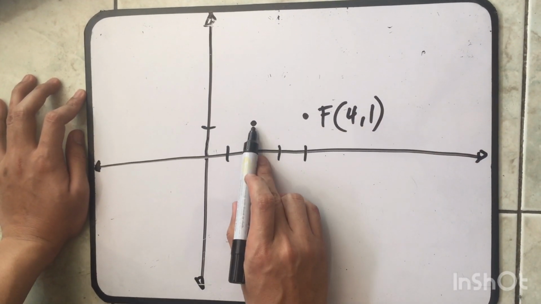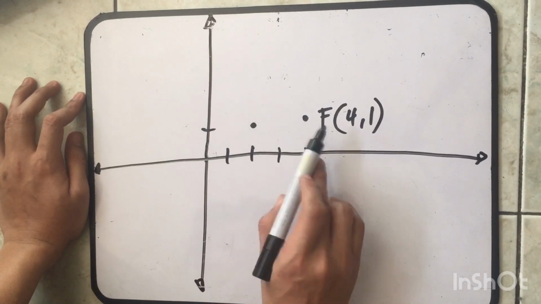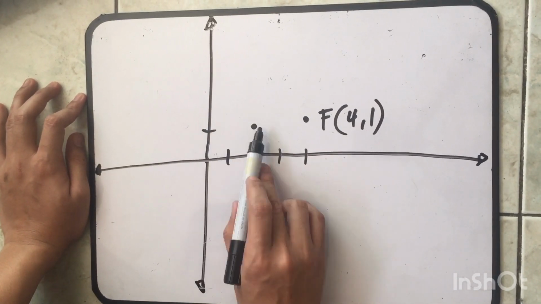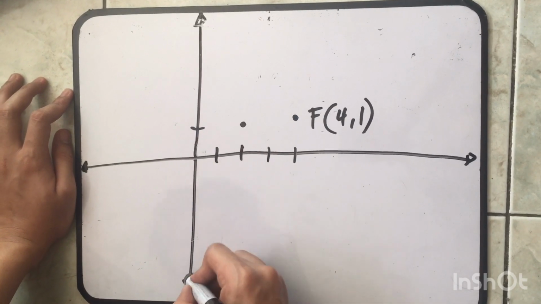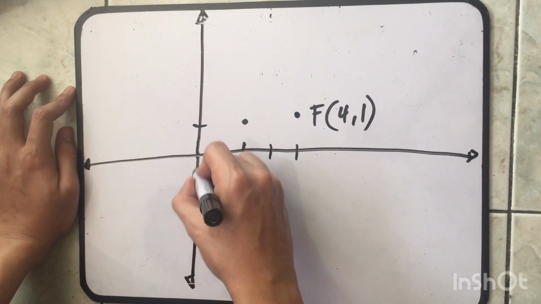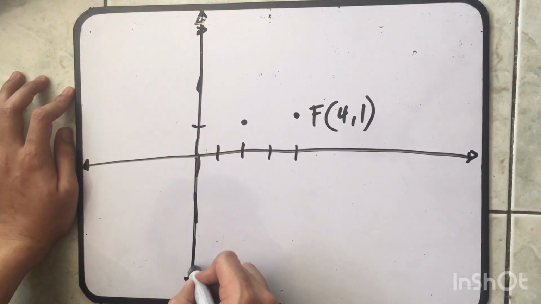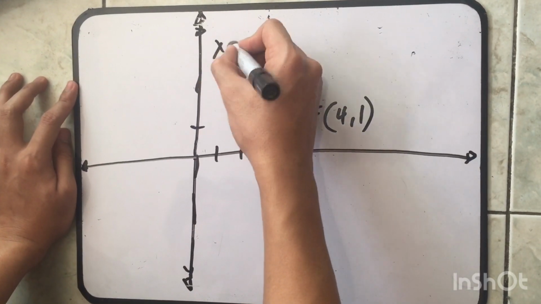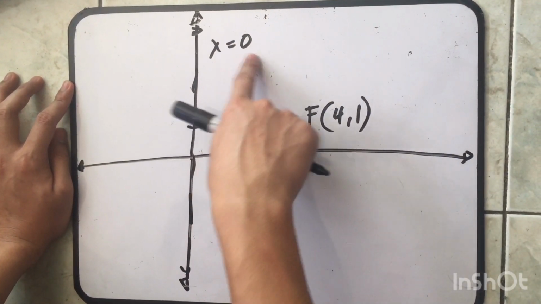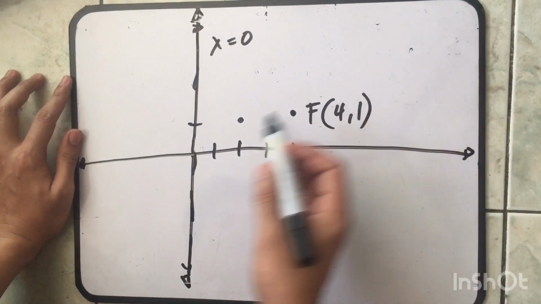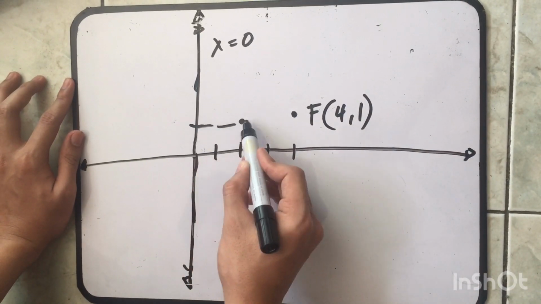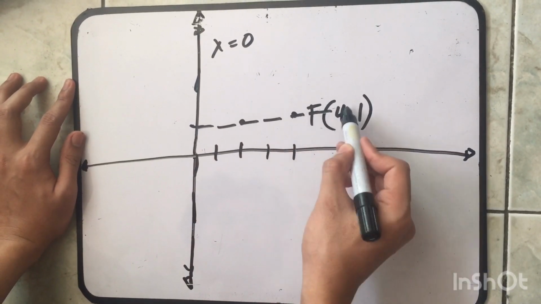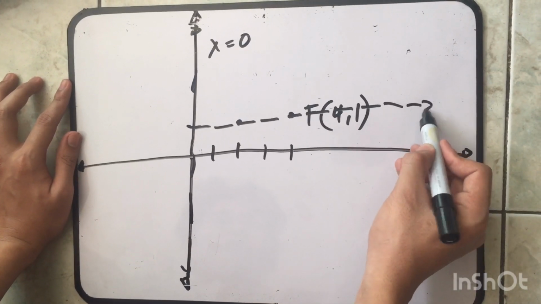And from the vertex, we're going to count the same unit as the focus to the left to determine the directrix. So 1, 2, that means this is the directrix that is given by x equals 0. Directrix is x equals 0. And then this is our axis of symmetry, that is y equals positive 1.